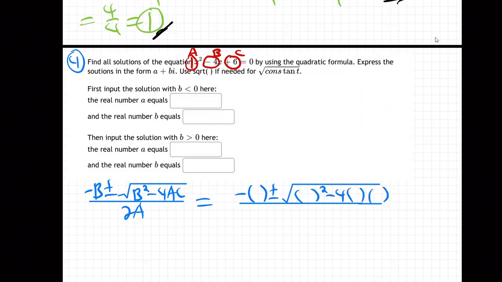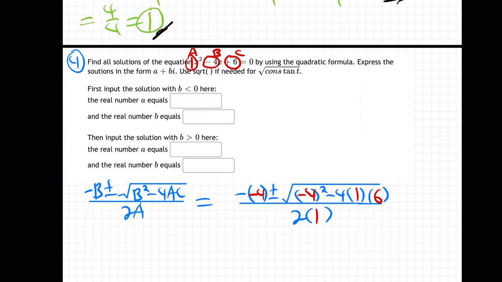Okay, let's plug stuff in. So b is -4, plus or minus the square root of b squared minus 4 times a times c, all over 2a. Like that. Okay, so I plug in a, b, and c and all that good stuff.